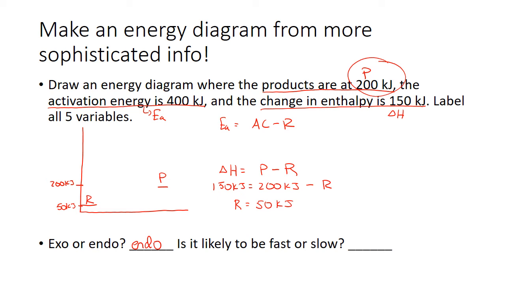All right, now that we know R, we have enough information to use this first equation. We have the activation energy is 400 kilojoules. We don't have a value for AC, but now we have one for R, which is 50. So solving for that, we're going to get our activated complex being at 450.